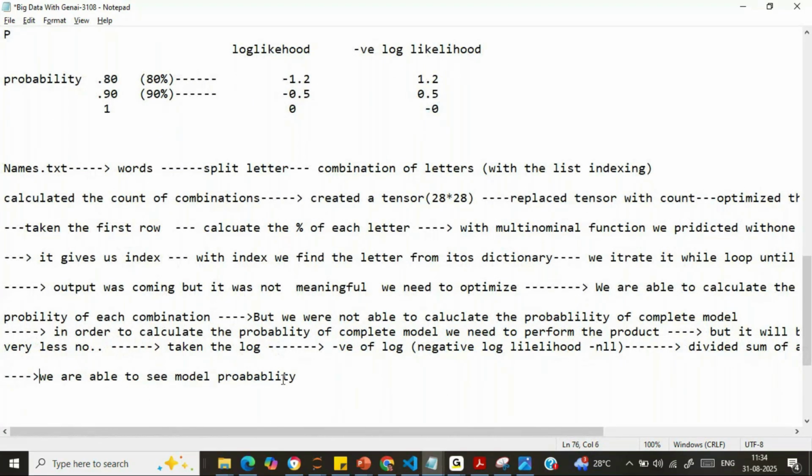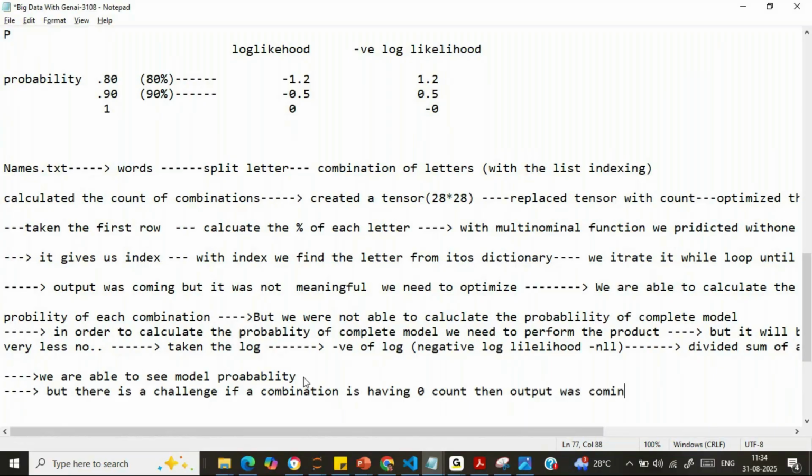But there is a challenge. If a combination has zero count, then the output was coming as infinity.